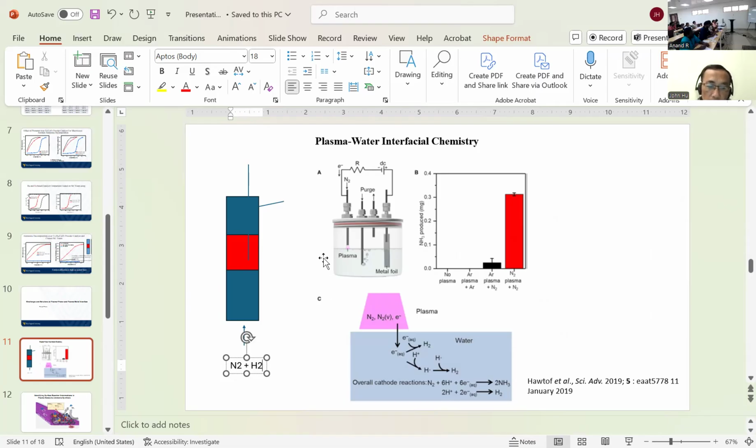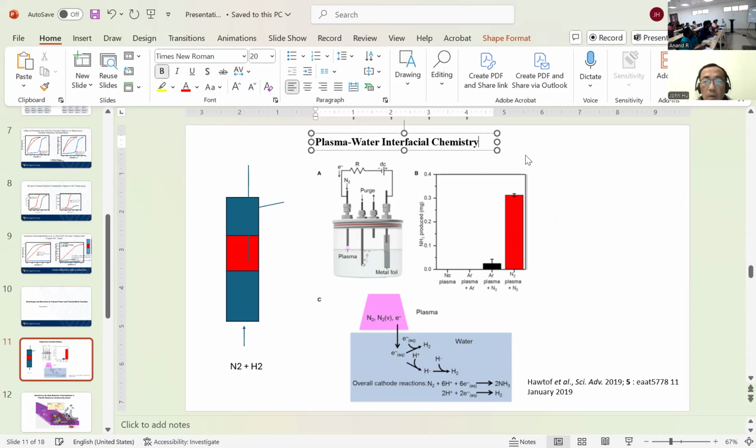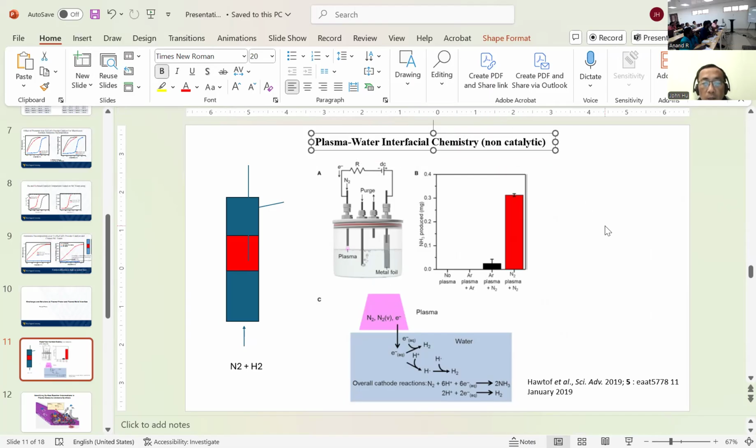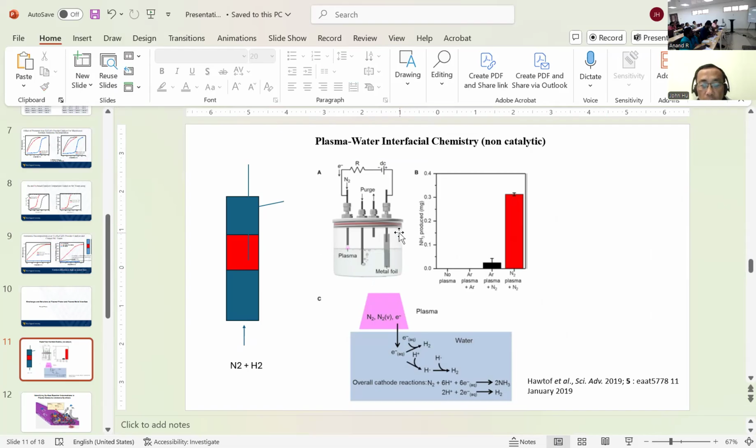Here's the description. They have the water phase in here, and this is the electron. This is non-catalytic, but they combine the electrochemical and the plasma. But the plasma is different from DBD. Do you see where the plasma is generated?